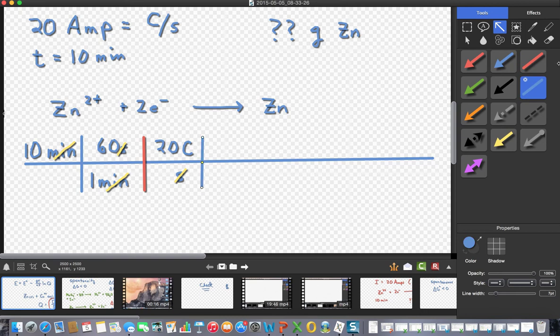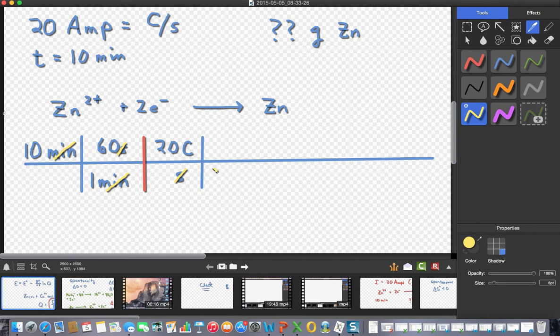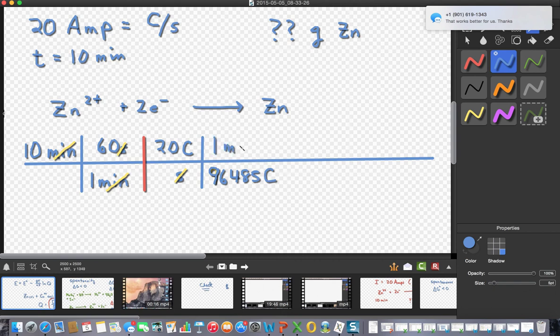Now we're ready to use Faraday's constant. Remember, Faraday's constant is 96,485 coulombs will reduce 1 mole of electrons. Again, coulombs now cancels.